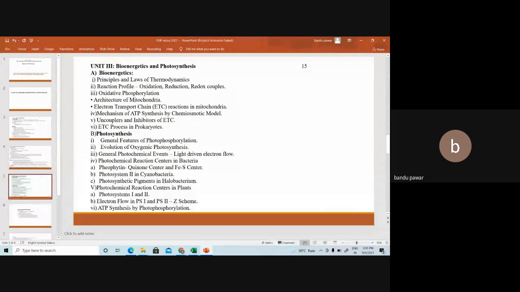Architecture of mitochondria, mitochondrial structure and electron transport system or electron transport chain, its structure.